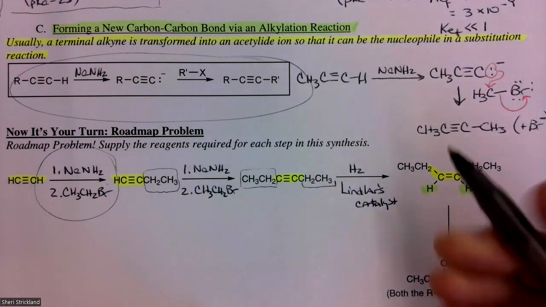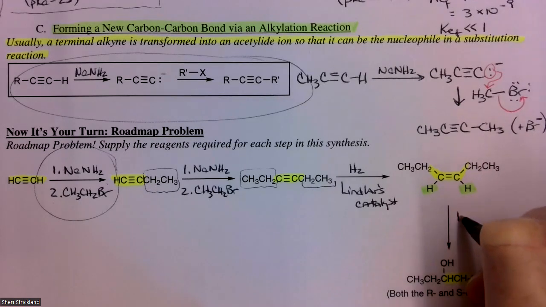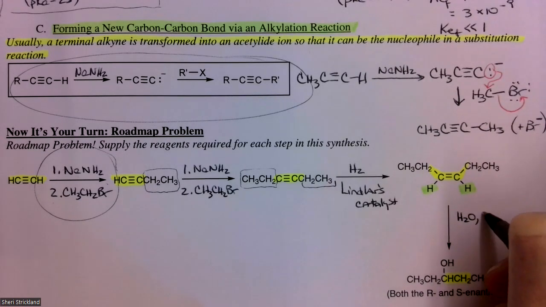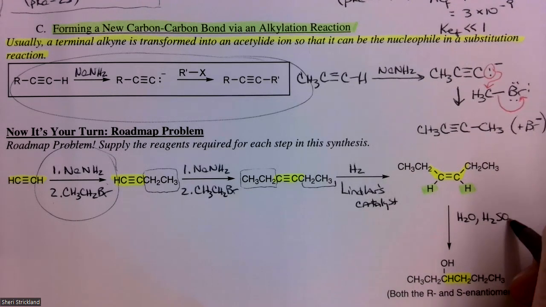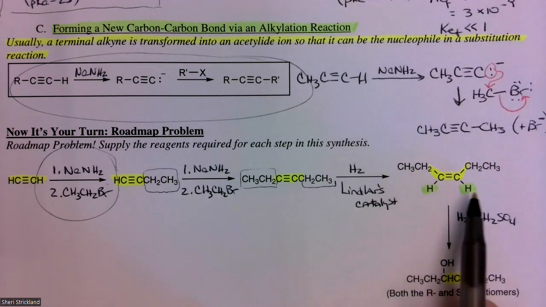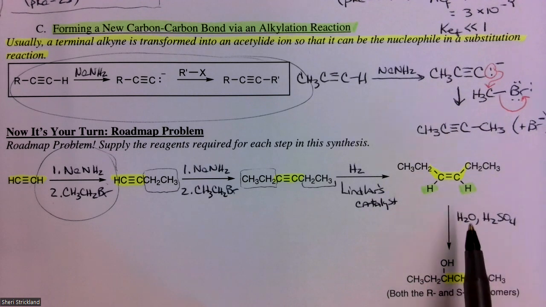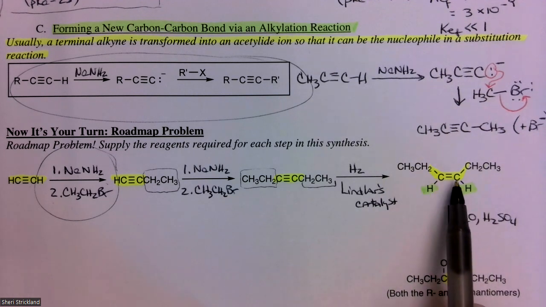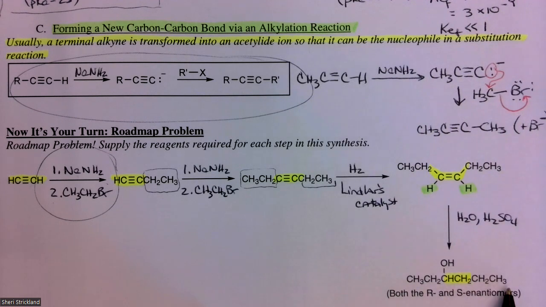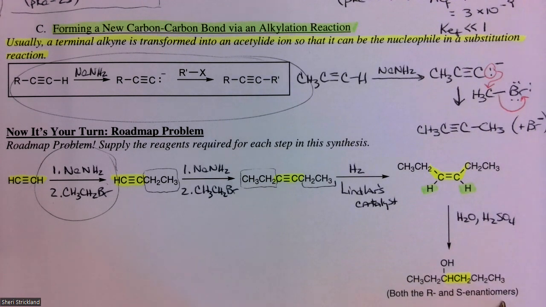So what could we use? Well, I think since it's an internal alkyne, I just use water and sulfuric acid, because this is a symmetrical alkene. And so it doesn't matter if we form the cation here or there, we're going to make the same product either way. And because it goes through a carbocation intermediate, we're going to make both the R and the S.